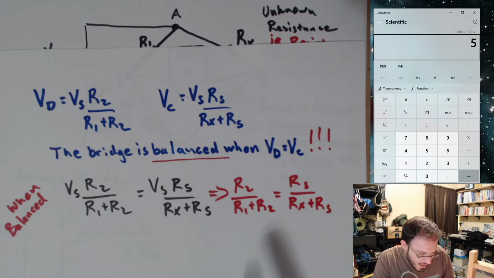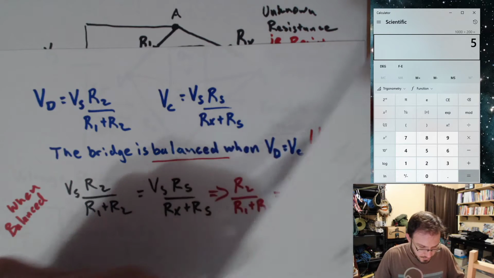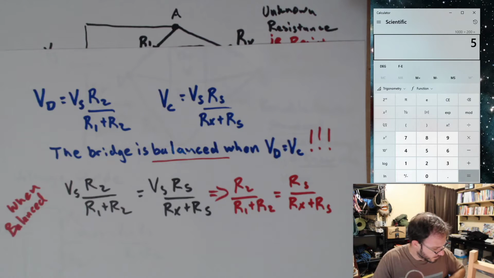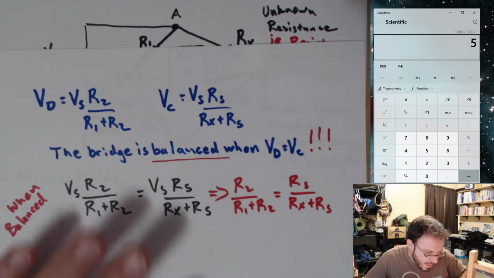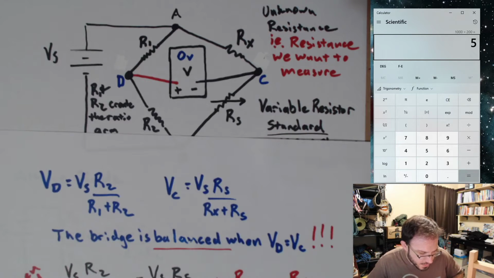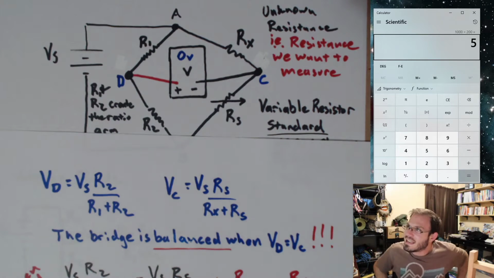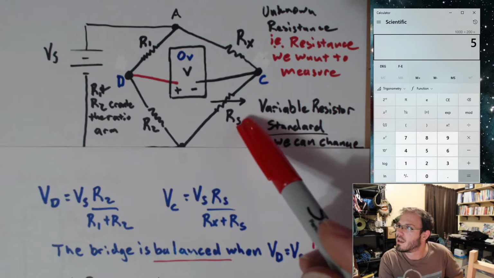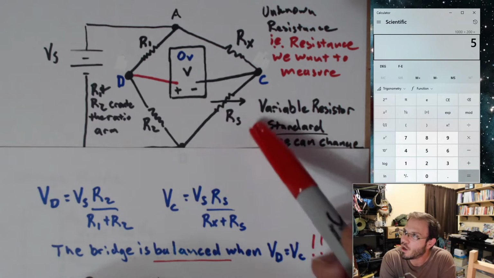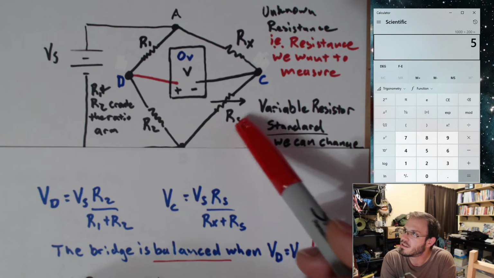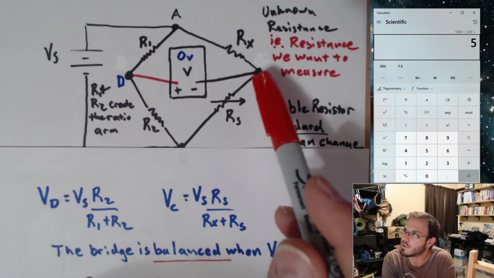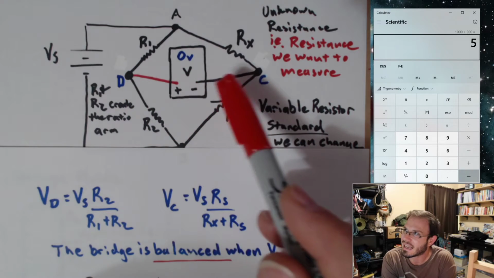Okay, and then we can use this to figure out what Rx is by setting Rs such that we get 0 volts between D and C.